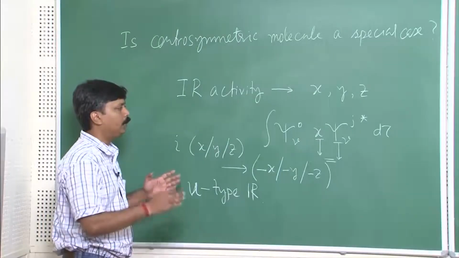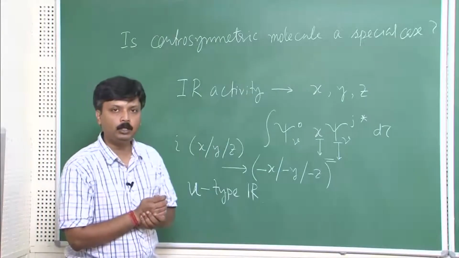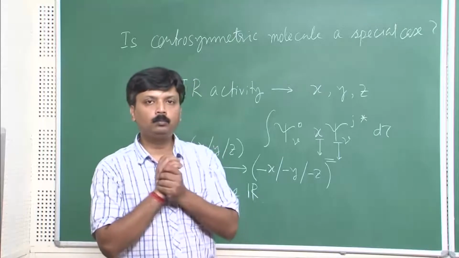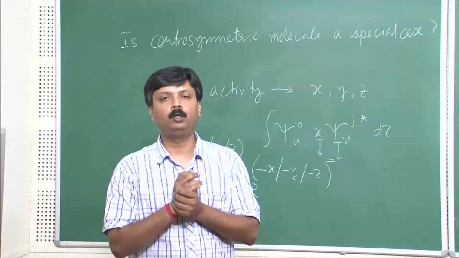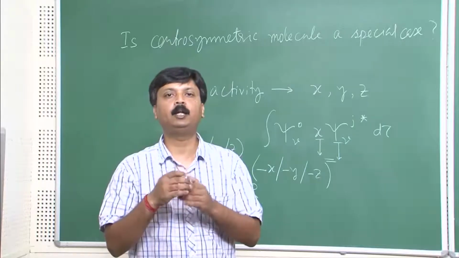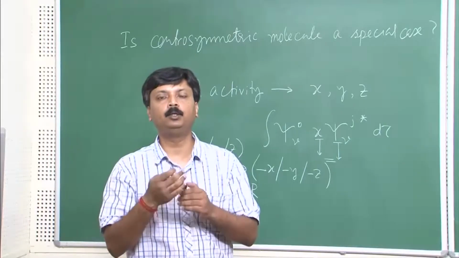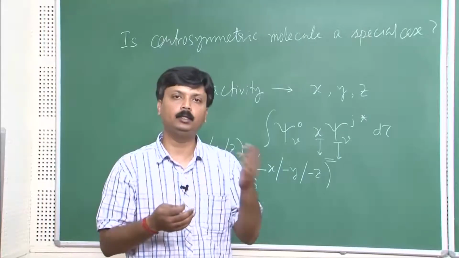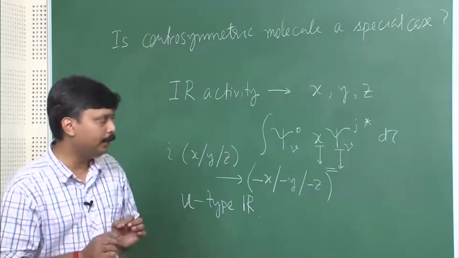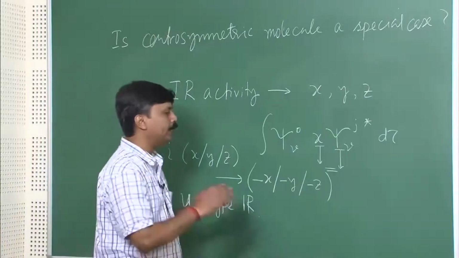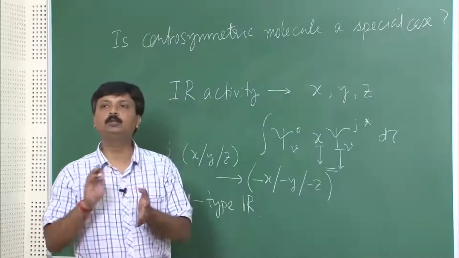So I can easily see for a centrosymmetric molecule, no normal mode can have a transition which is possible to be seen both in IR spectroscopy as well as Raman spectroscopy. This is kind of an exclusion, right?